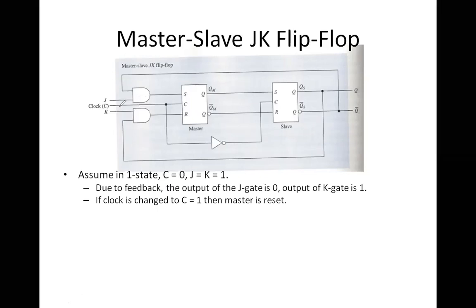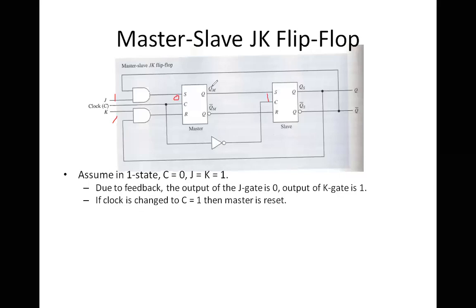I'm giving 1, 1, and C is equal to 0. When C is equal to 0, what is going to happen? Your master is disabled. Since the master is disabled, your slave is enabled.